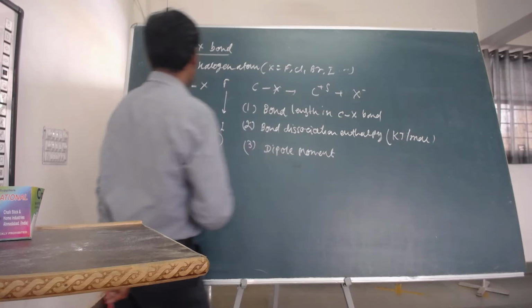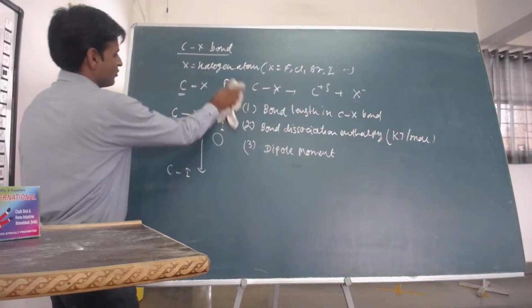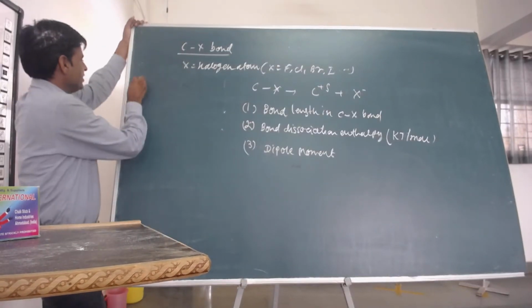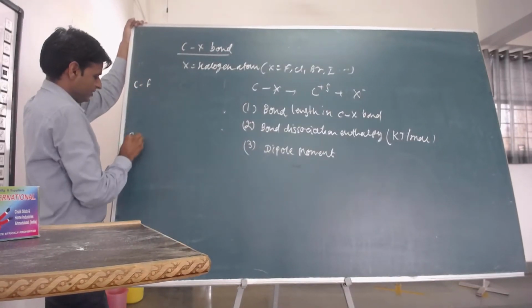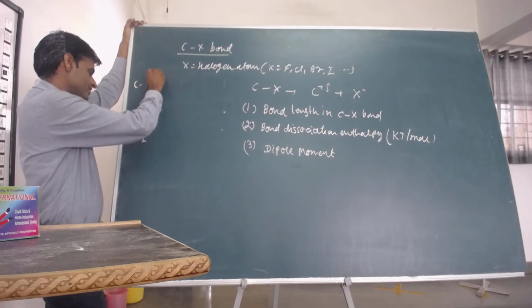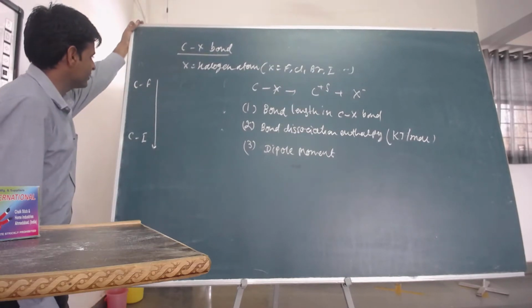We know that due to the difference in bond length from C-F to C-I, the atomic size from fluorine to iodine continuously increases.